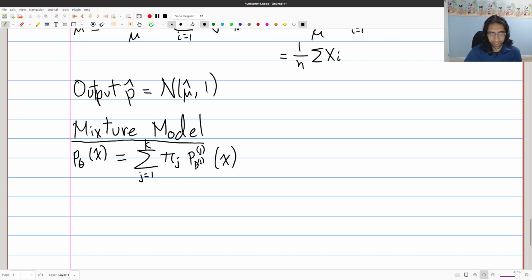Again, this looks a bit arcane, but what we have here are just densities.